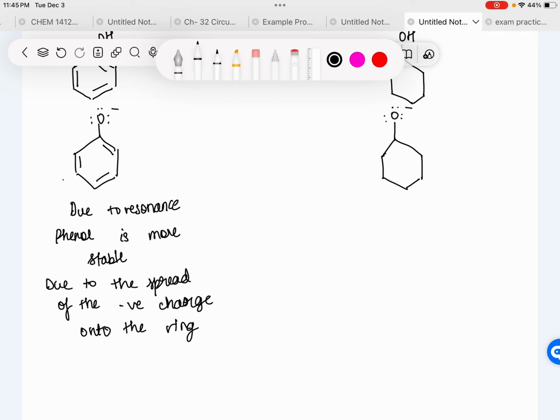But cyclohexanol does not have any resonance structures, so there's no spread of charge. Therefore, it's not as stable.